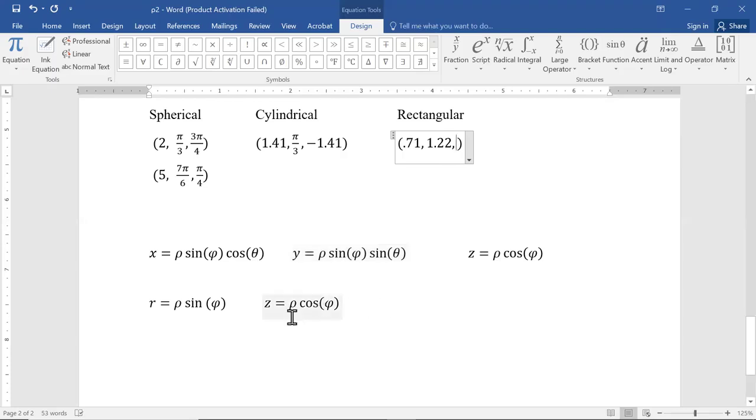And the z value is going to be rho times cosine of phi. Z value is the same in both cases. And so you're going to end up with a negative 1.41 when that's calculated.